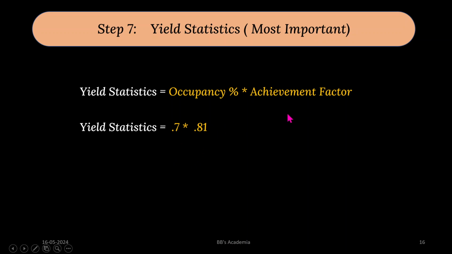If you multiply these two, you get 0.567. We take it to 57 as per the mathematical guideline, 57% in statistics. So that will definitely help you see how much of your target you are fulfilling.